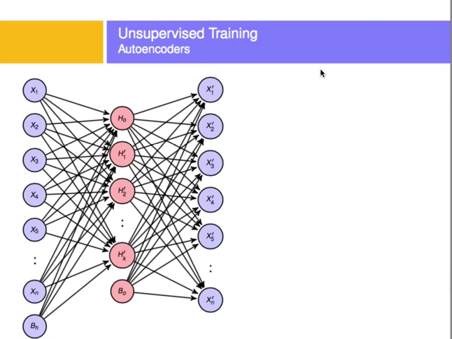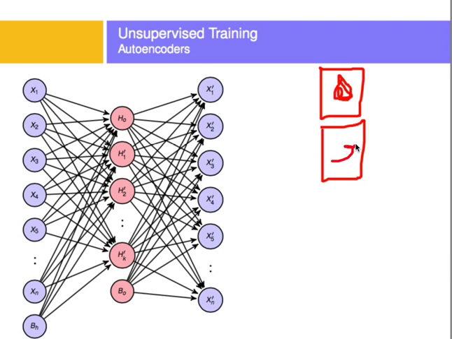Here's the idea. Say you have two images, this image here and this image here. Each image has pixels. Imagine, just for a second, that they are 10 by 10 images.